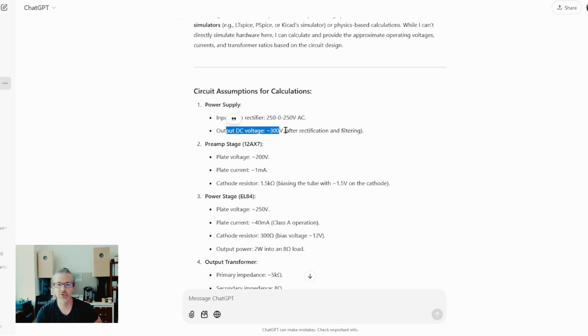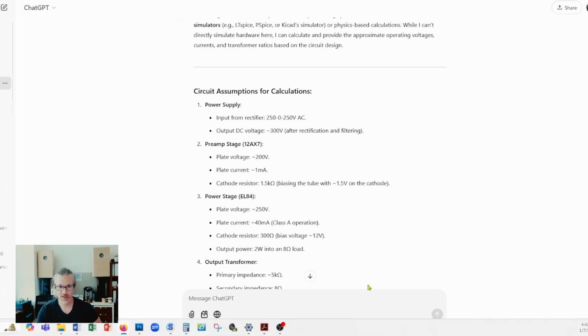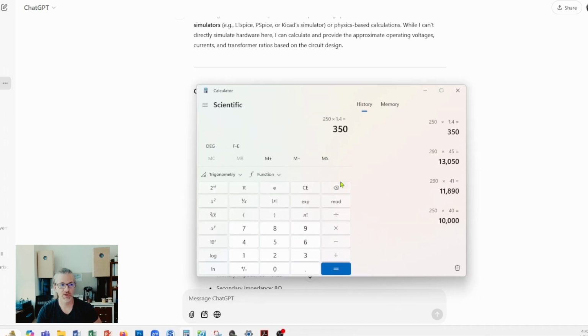that's 300 volts after rectification and filtering. And yeah, if you put a really high DCR choke, then that could go down to 300 volt, but it's still a little bit higher. I would say it will be about 320 volts, because let's get a calculator up here.